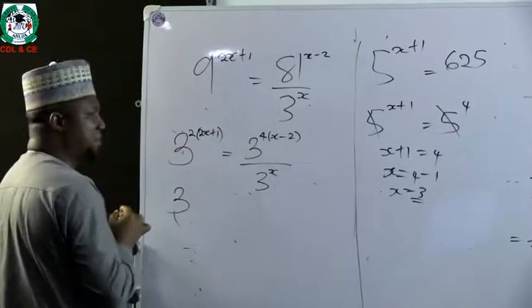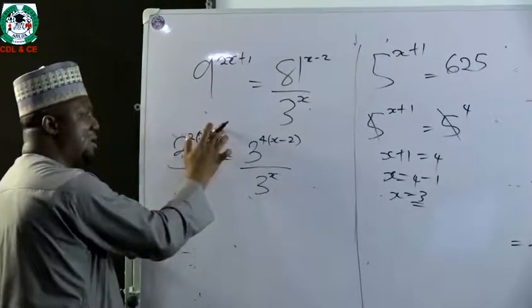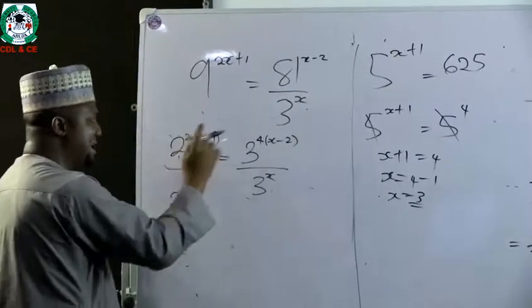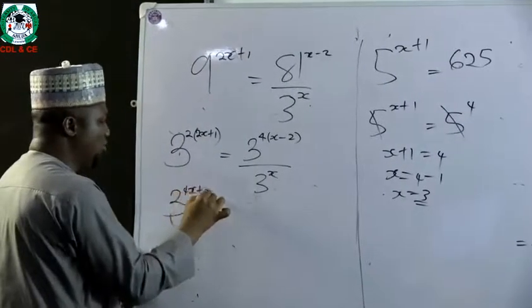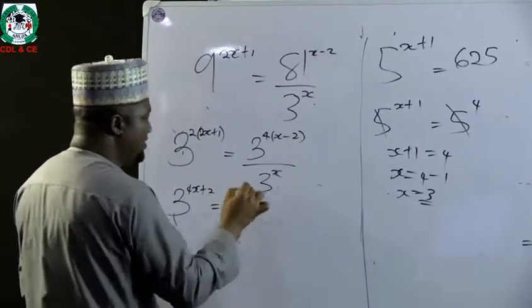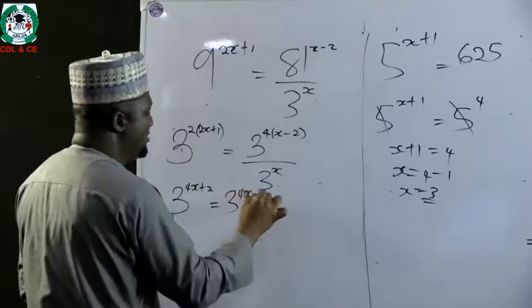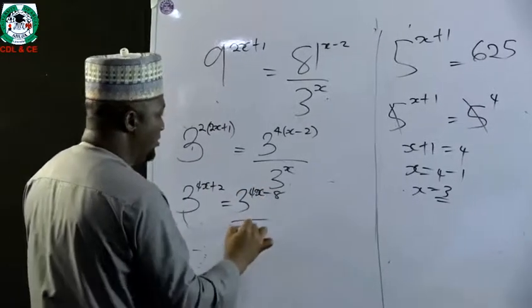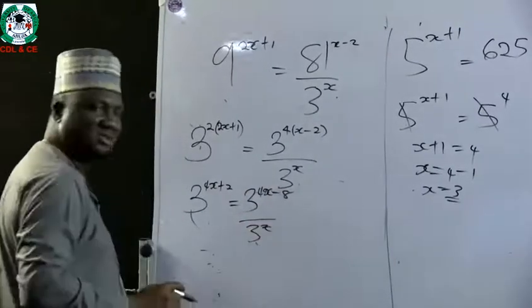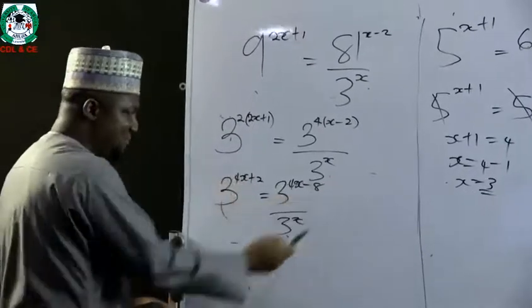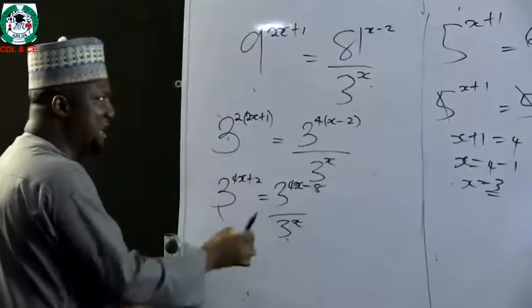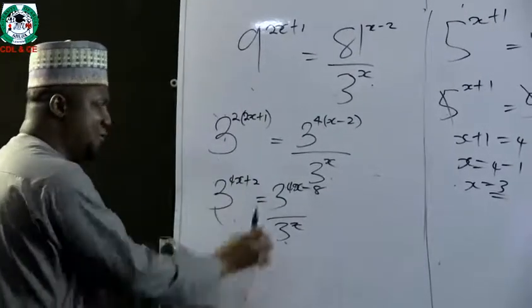You begin to expand the bracket because according to the power law, you multiply the powers. This is 3 raised to power 4x plus 2, which equals 3 raised to power 4x minus 8, all over 3 raised to power x. As you can see, the bases are the same. But let's ensure before cancelling, we have one 3 here and one 3 here.